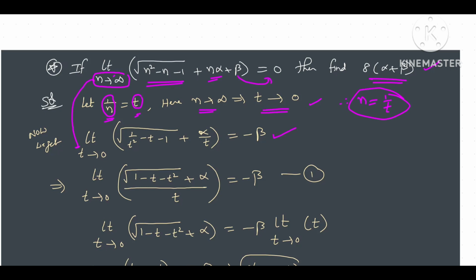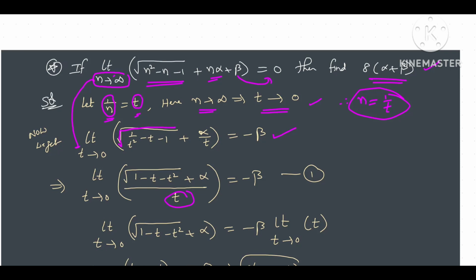Now limit t tends to 0. What is the LCM here? The LCM is t square. So after the root, the denominator value is t. The total LCM is t. The root under 1 minus t square plus alpha is equal to minus beta.